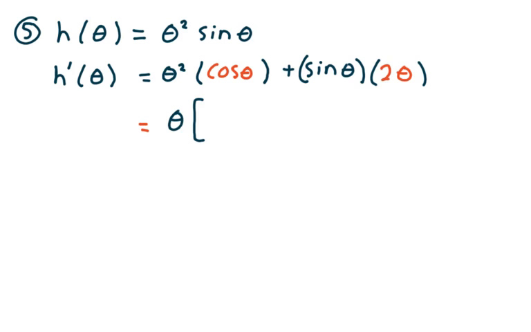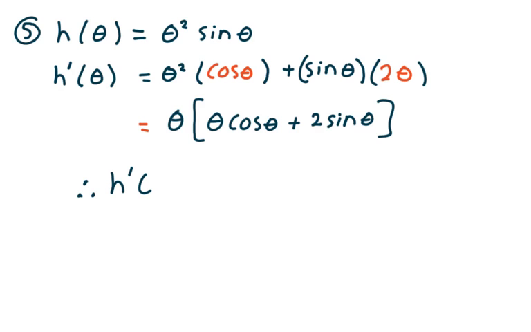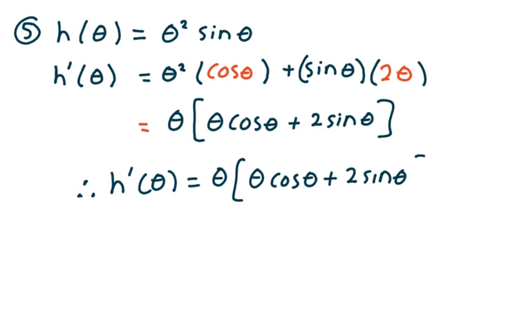And when I do, I get theta cosine theta plus 2 sine theta in parentheses. And so again, therefore, h prime of theta is equal to theta times the quantity theta cosine theta plus 2 sine theta. That's number 5.